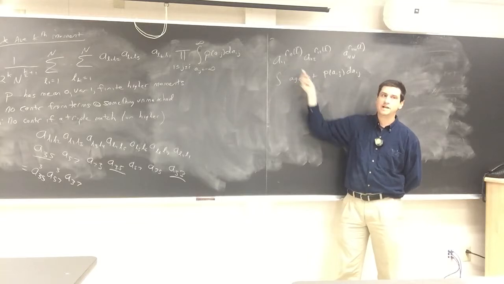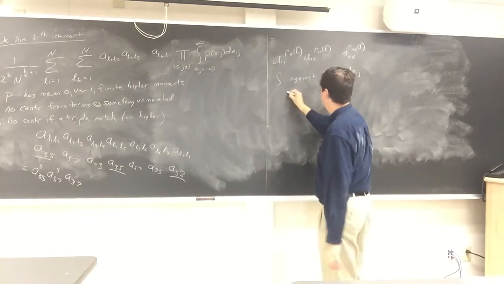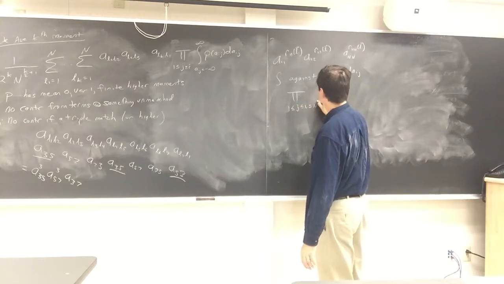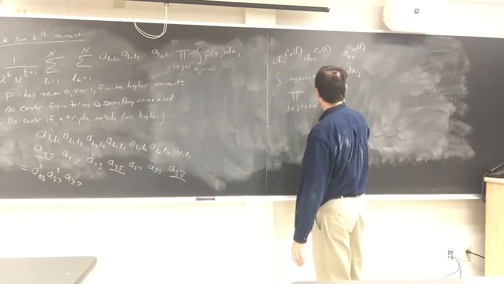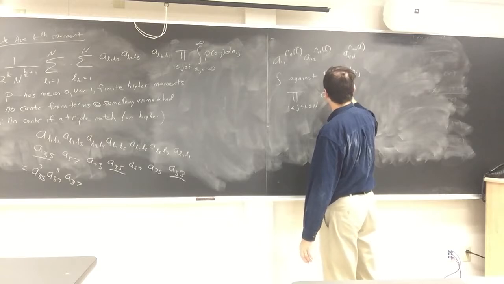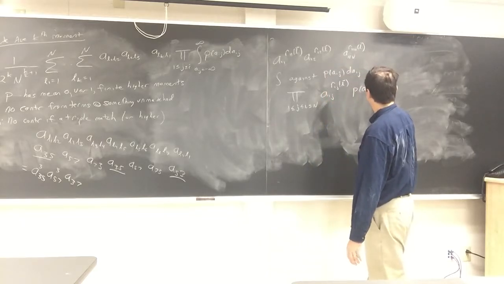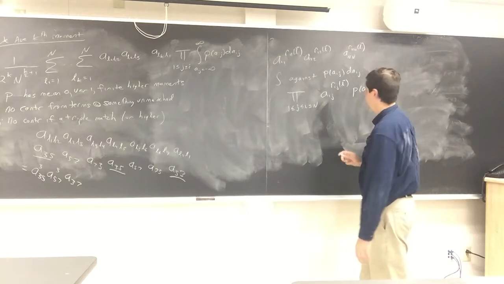And so it's going to factor into a bunch of integrals. It'll factor into a product, 1 less than or equal to j less than or equal to i less than or equal to n, of aij to the rij of L, p of aij daij.